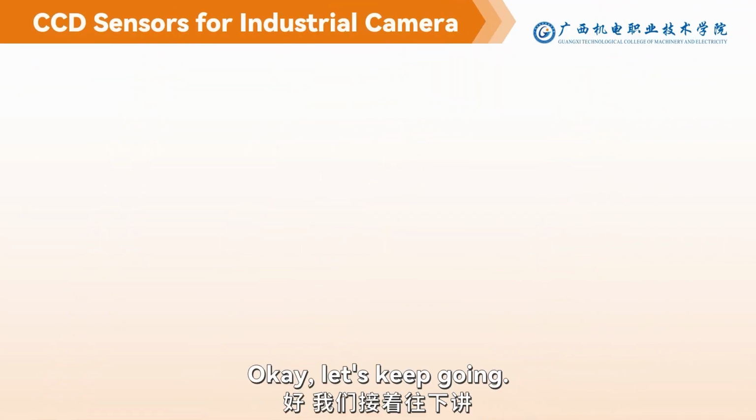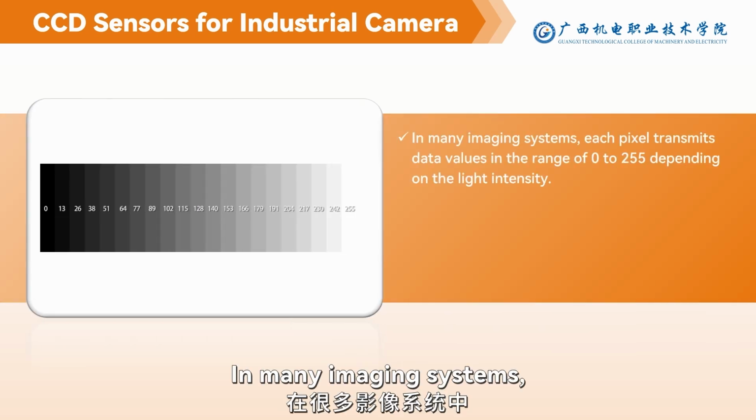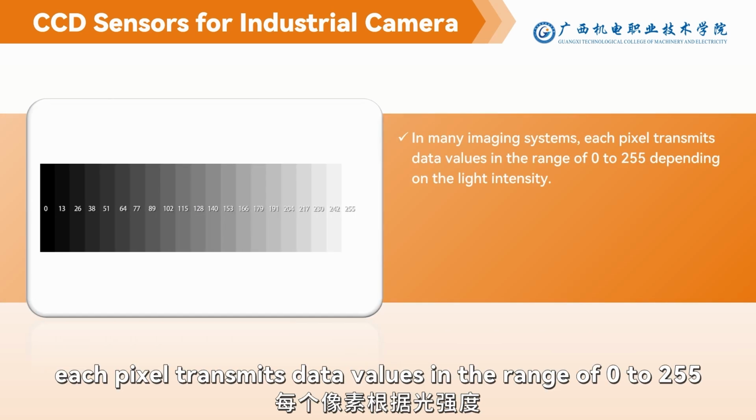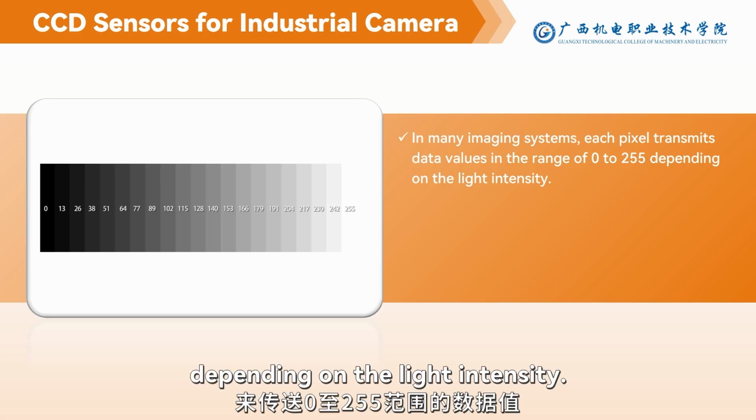Okay, let's keep going. In many imaging systems, each pixel transmits data values in the range of 0 to 255 depending on the light intensity.